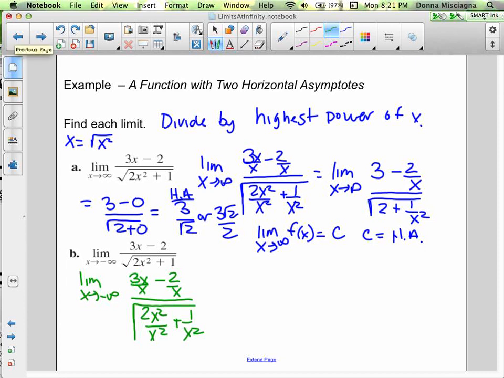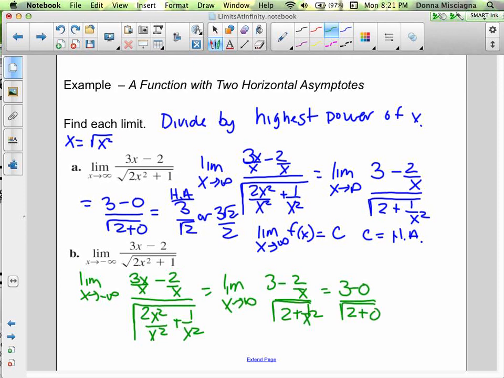And of course, that's going to be the limit of 3 minus 2 divided by x all over the square root of 2 plus 1 over x squared. And of course, that's going to give us 3 minus 0 over the square root of 2 plus 0, which equals 3 over the square root of 2, or 3 square roots of 2 over 2.